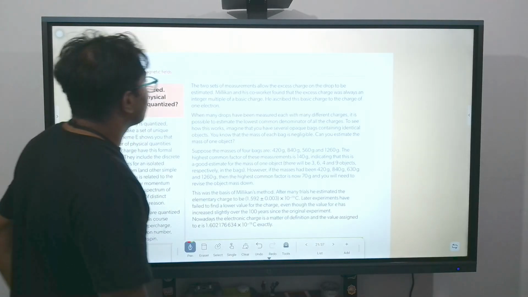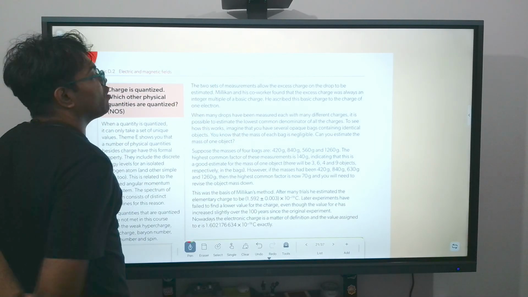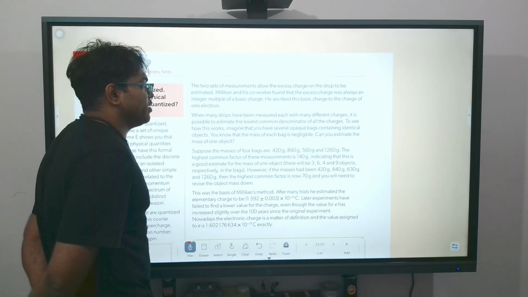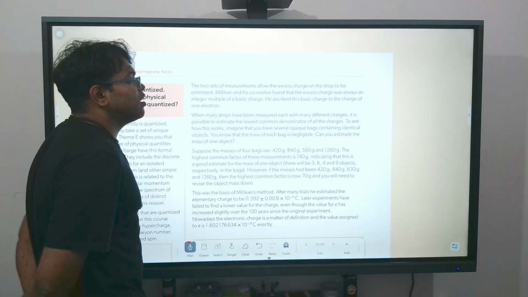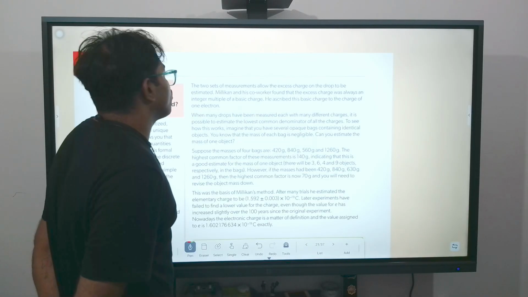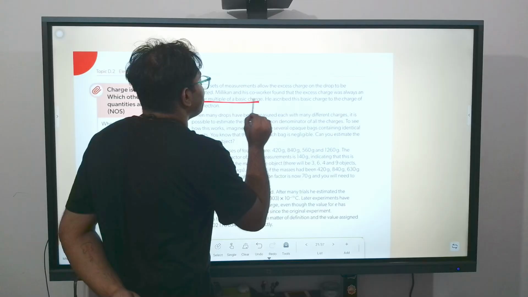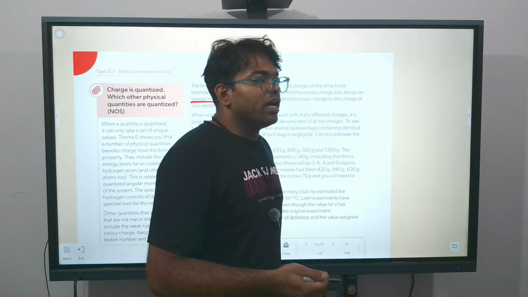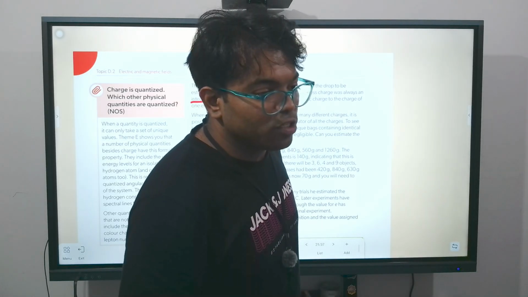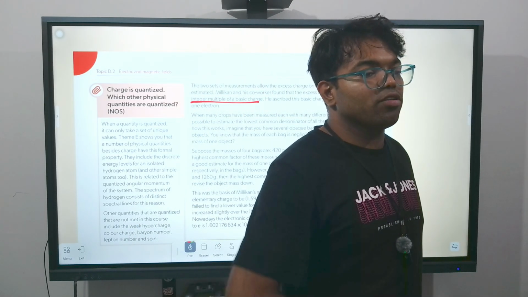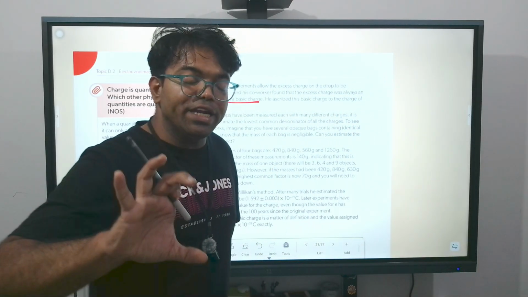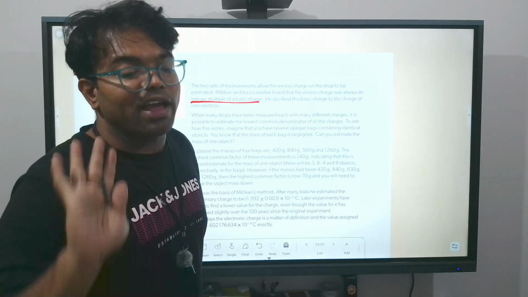Okay, now the two sets of measurements allowed the excess charge on the drop to be estimated. Millikan and his co-workers found that the excess charge was always an integral multiple of the basic charge. They always found that it is either 10 into 1.6 into 10 raised to the power minus 19 coulombs, or 20 into 1.6 into 10 raised to the power minus 19 coulombs, always an integral multiple of some value.